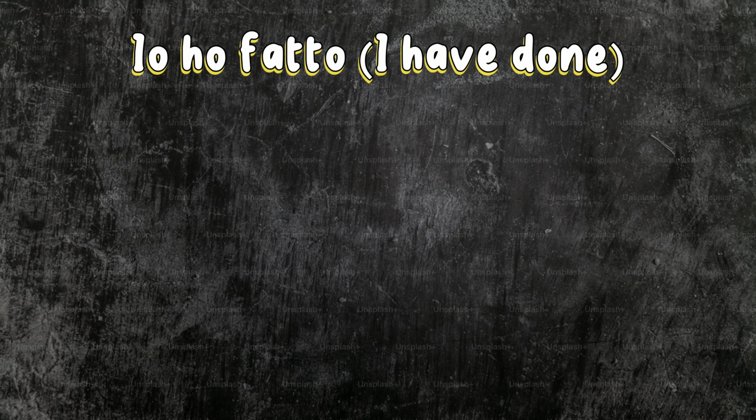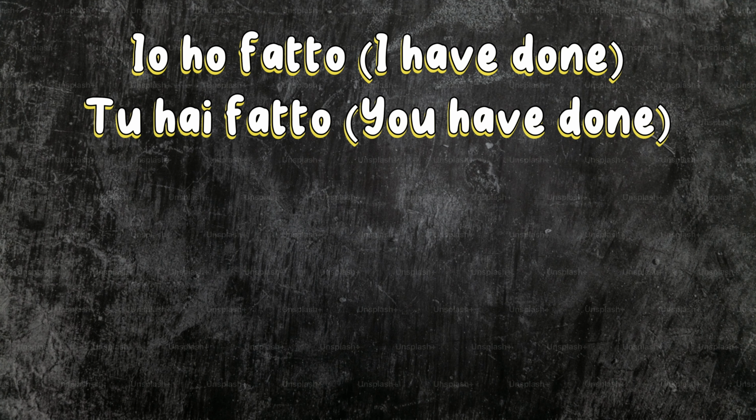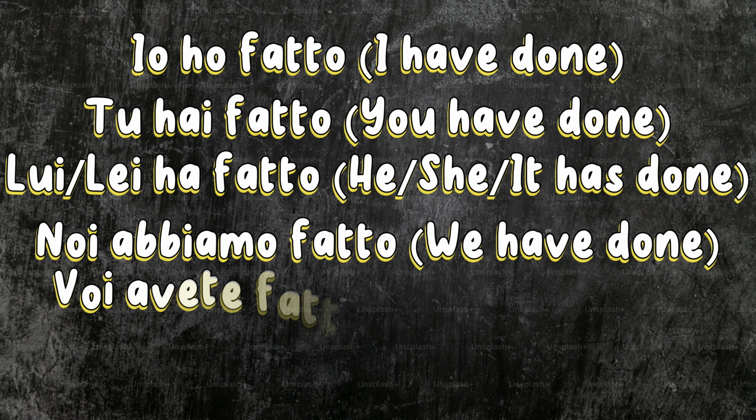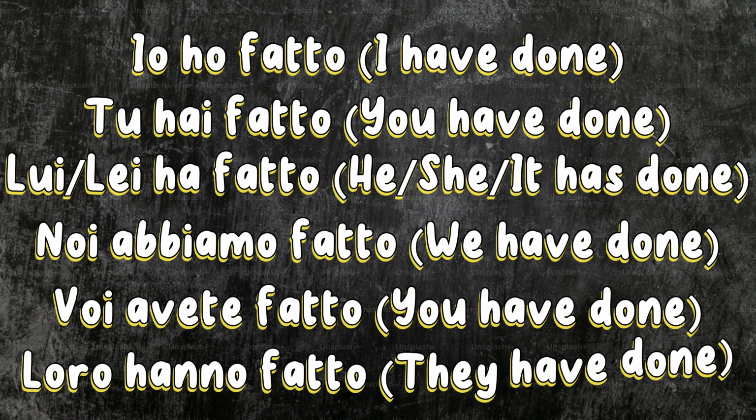However, going back on topic, I just dropped the conjugation for passato prossimo of the verb fare using the past participle. Io ho fatto, tu hai fatto, lui, lei ha fatto, noi abbiamo fatto, voi avete fatto, loro hanno fatto.